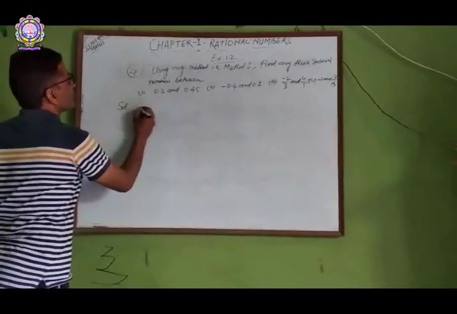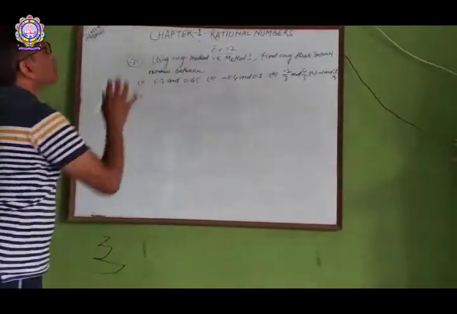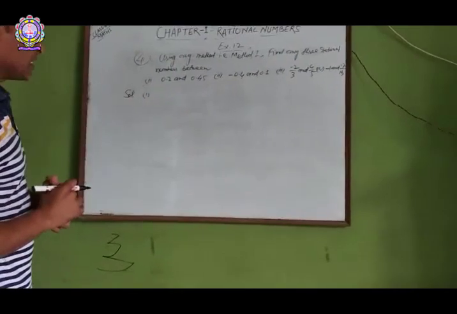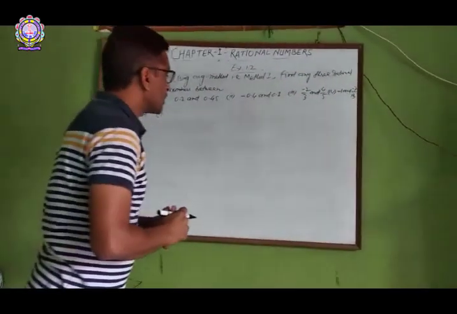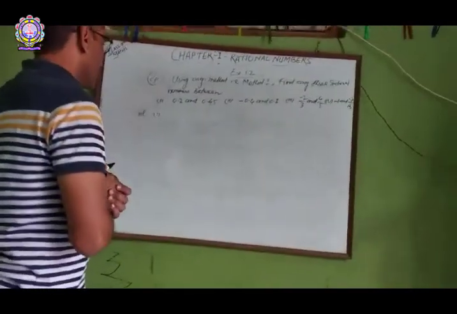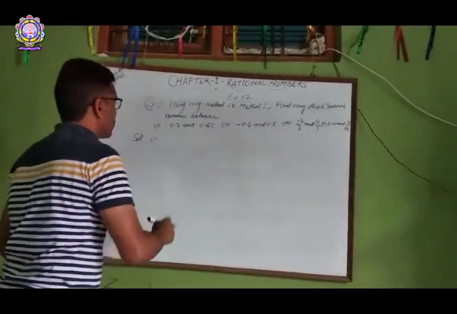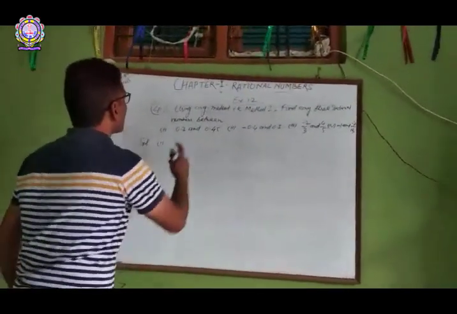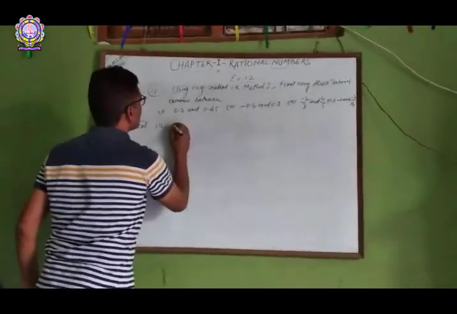Solution. First part, using average method, that is method 1, find any three rational numbers.